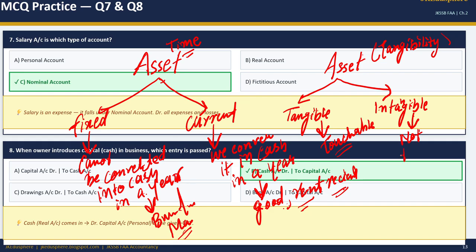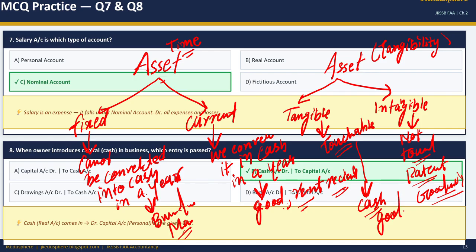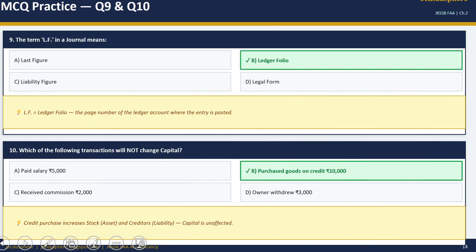We cannot touch them. But for example, patent or goodwill, brand value. Tangible assets are cash, goods. So these are the types of assets. I hope you understood it.